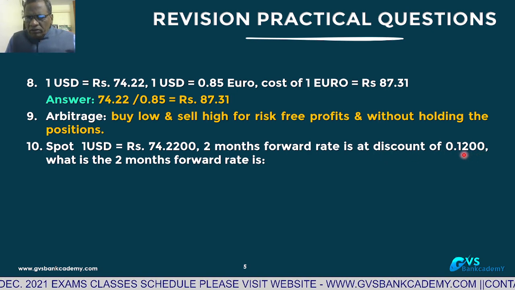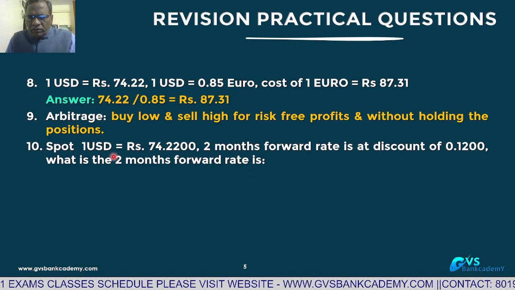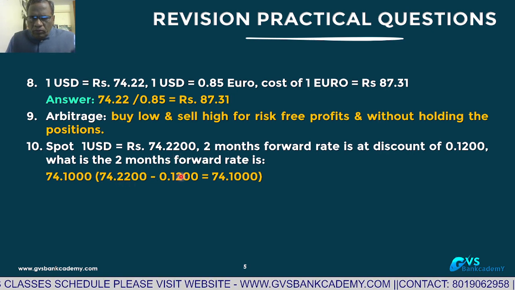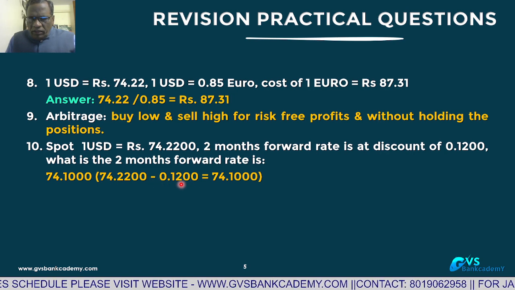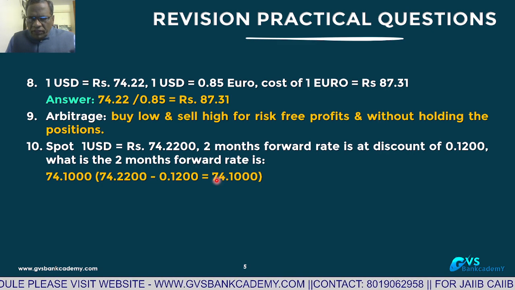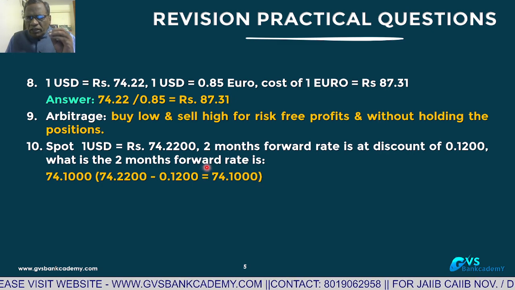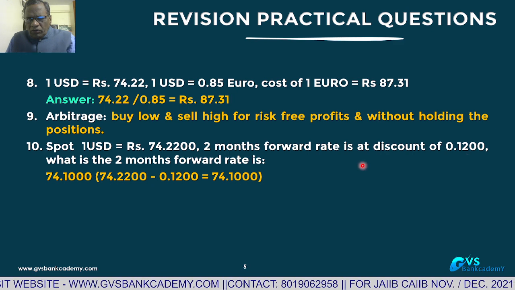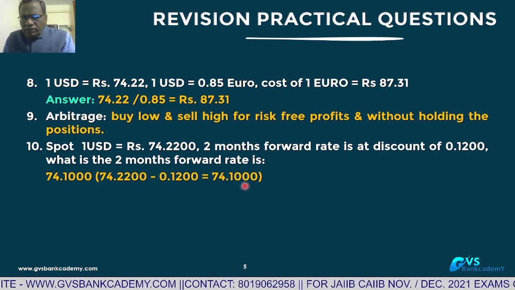So what is the 2 months forward rate for the dollar? 74.22 minus the discount 0.1200. Then the 2 months forward rate is 74.1000. So when the currency is at a discount in the forward market, you have to deduct that amount from the spot. That is same simple thing we have done.